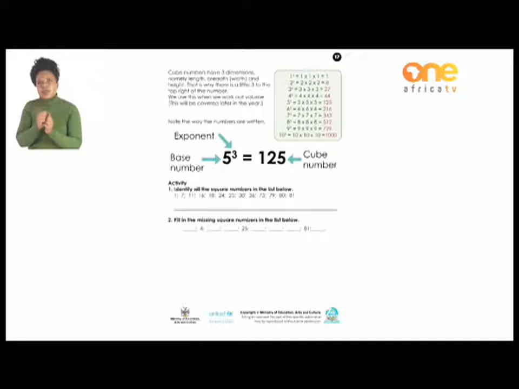That gives you 1. 1 is also a cube number. 2 cubed gives you 2 times 2 times 2 gives you 8. 3 cubed gives you 27. 4 cubed gives you 64. 5 cubed gives you 125. 6 cubed gives you 216. 7 cubed gives you 343. 8 cubed gives you 512. 9 cubed gives you 729.